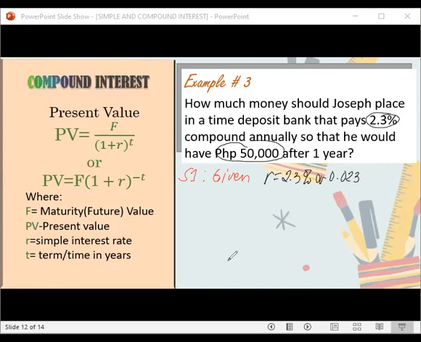Next, 50,000 pesos. So, again, sabi dito, magkano daw yung dapat ilagay ni Joseph sa time deposit bank para after 1 year, magkaroon siya ng 50,000 that have a rate of 2.3%.